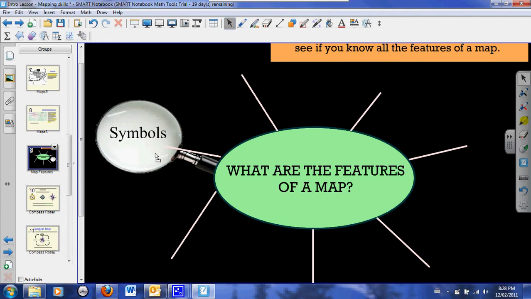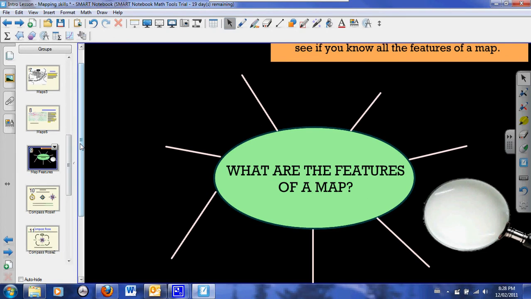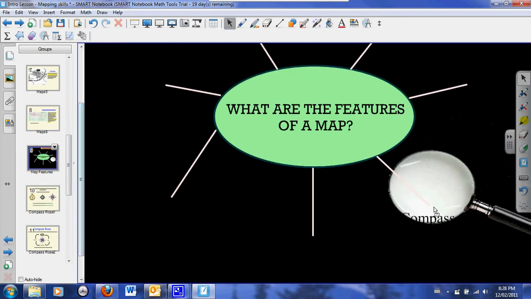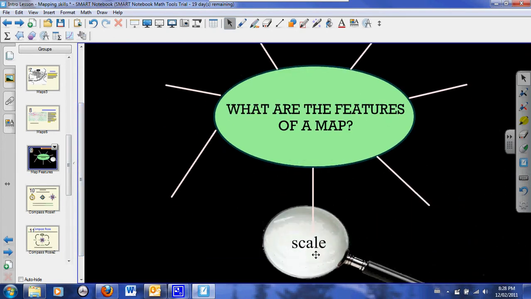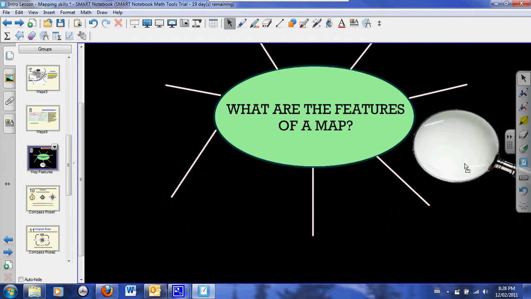Symbols, color-coded. Now I'm just going to move this down here. If I was in the classroom, I wouldn't have to do that. Scale, and of course a compass rose. Now we're going to go through these parts because this is the main thing in the geography unit that you need to know. You need to know these features and know how to use them.